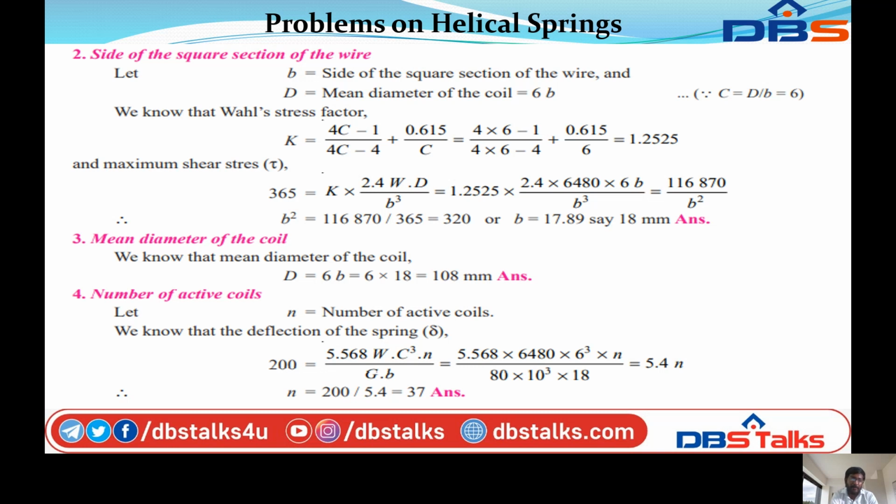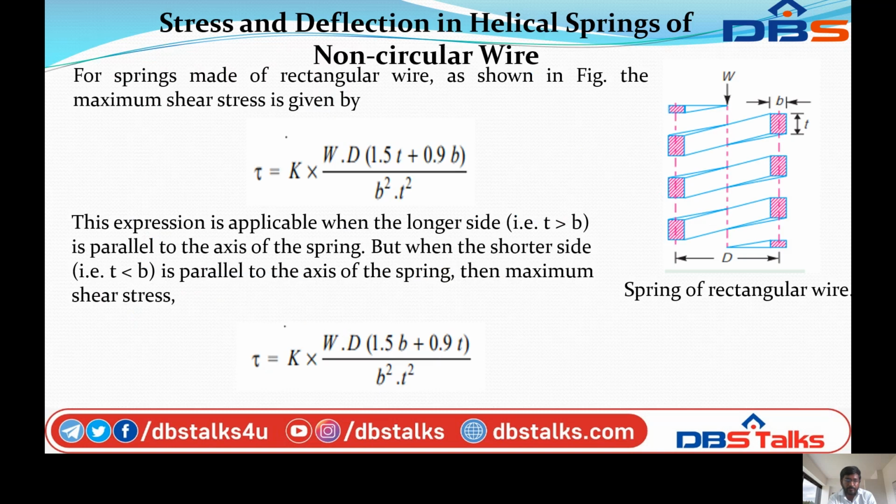Next, we can find out the number of active coils. Let n be the number of active coils. We know that the deflection of the spring delta is equal to 5.568 into W into C cube into n by capital G into small b. This formula is noted from the stresses and deflection of helical springs of non-circular coil, so you can take it in this problem.